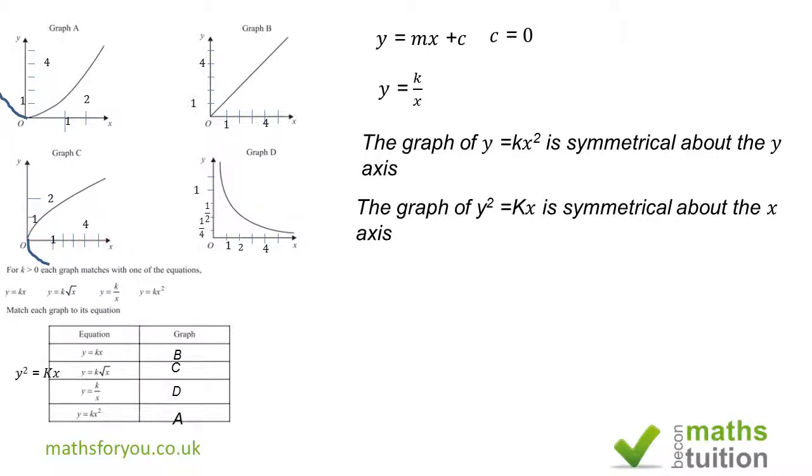Now compare that with when y is equal to x squared, where the graph is symmetrical above the y-axis. In this case, when y squared is equal to x, the graph will be symmetrical about the x-axis, and that's what you got there. So you can comfortably mark equation y is equal to k square root of x to graph C.